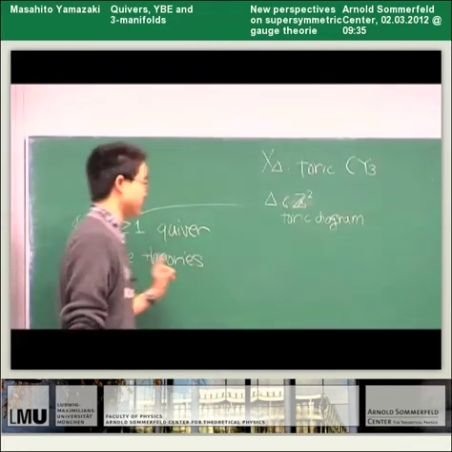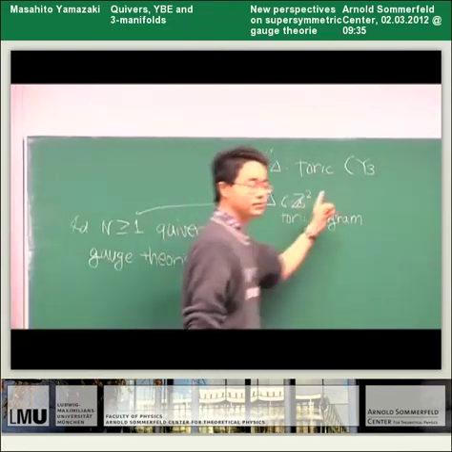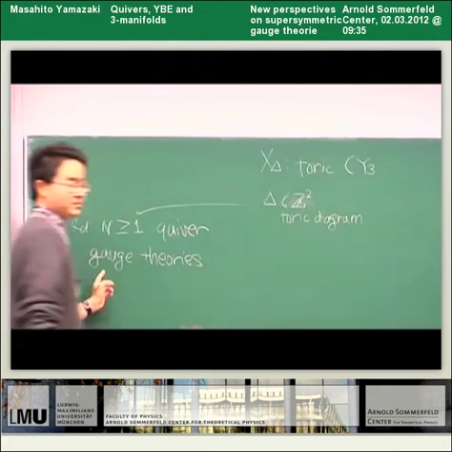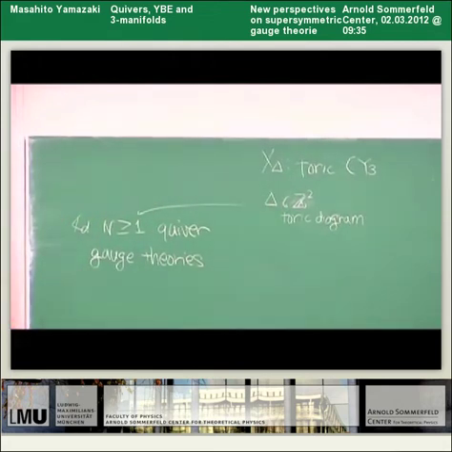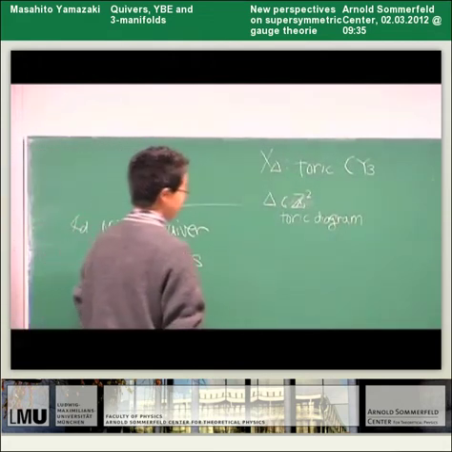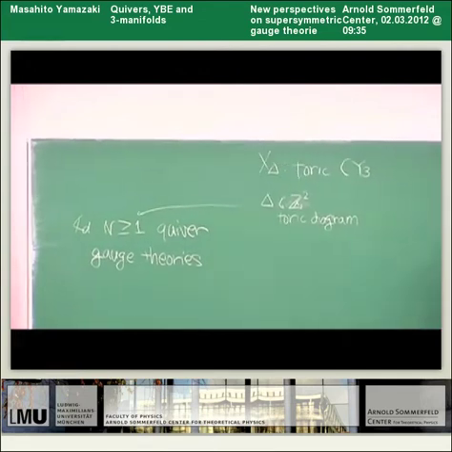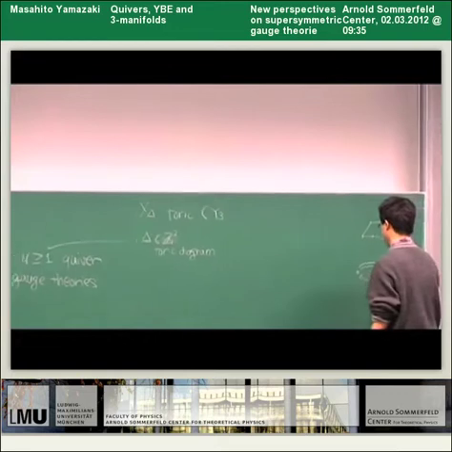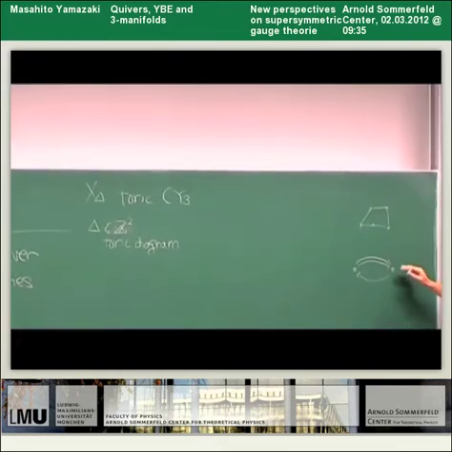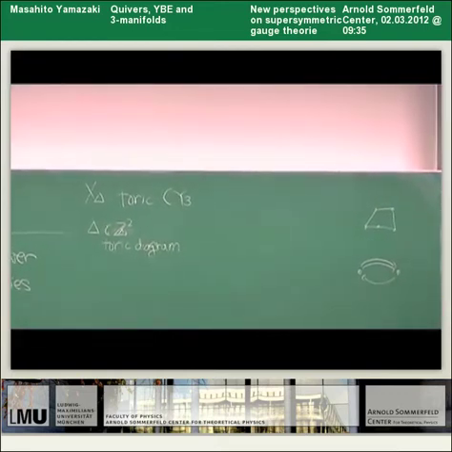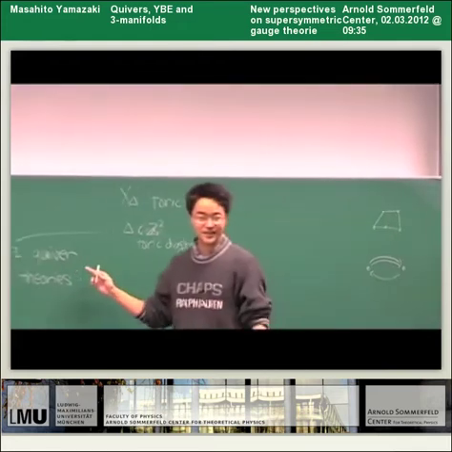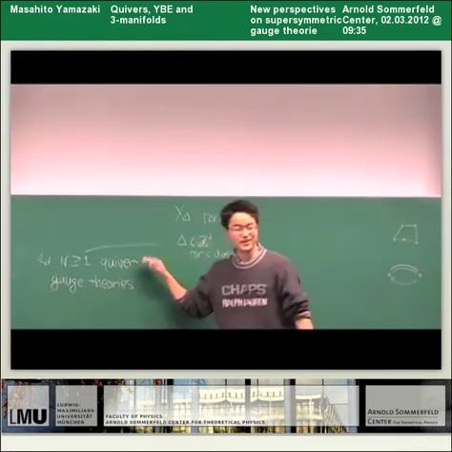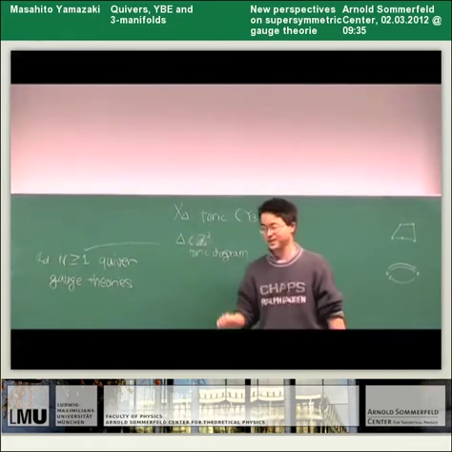A good example is the conifold, and this is the famous Klebanov-Witten theory. What I mean by quiver gauge theory is that there's a graph with nodes and arrows, and there are bifundamentals in between them. We've seen similar quivers from Vasili's talk a few days ago, but this is a four-dimensional N equal 1 quiver, and it's not conformal in the UV, but it flows in the infrared to a certain non-trivial fixed point.